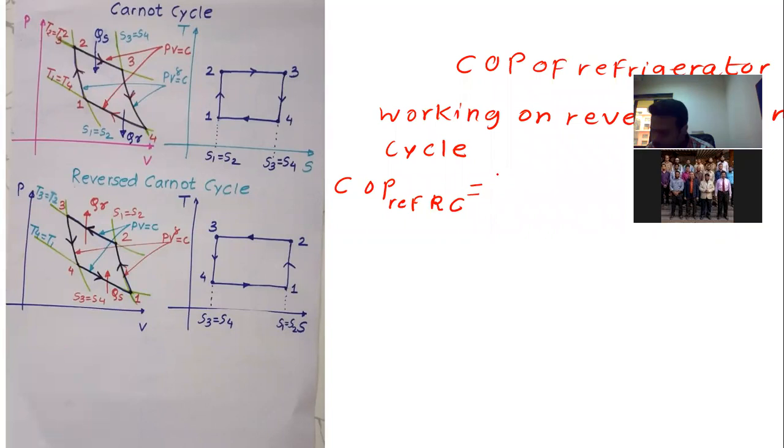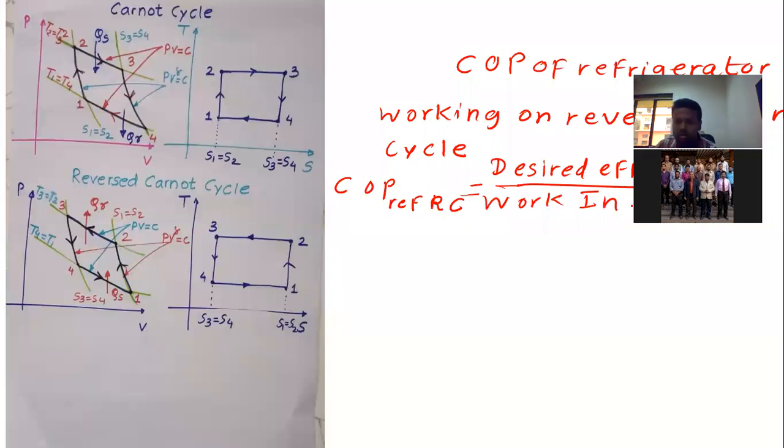COP is given by desired effect upon work input. So this is the formula for COP, right?